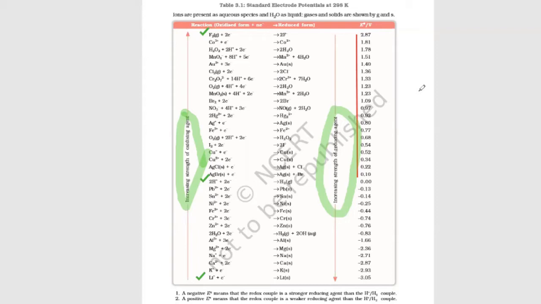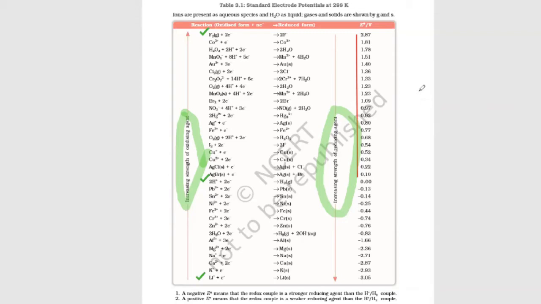Understood? Then apart from this, you can also compare the chemical reactivity. The ones which are present lower in the series are found to be more reactive than the ones present above in the series. So lower ones are more reactive, upper ones are less reactive.